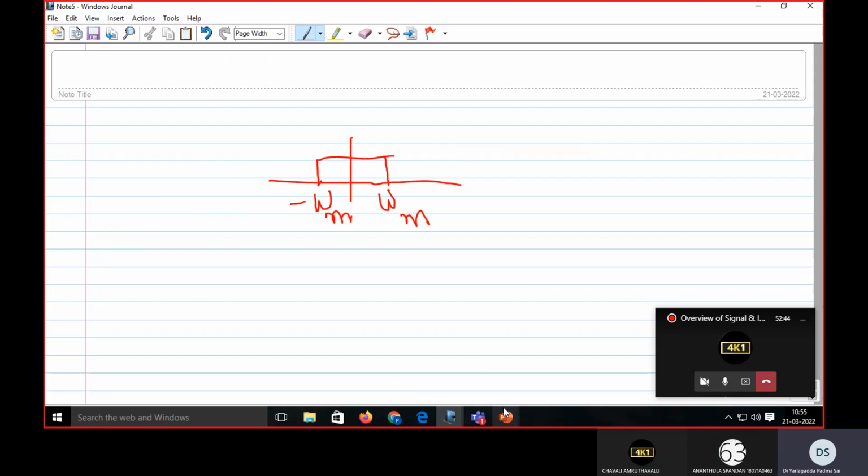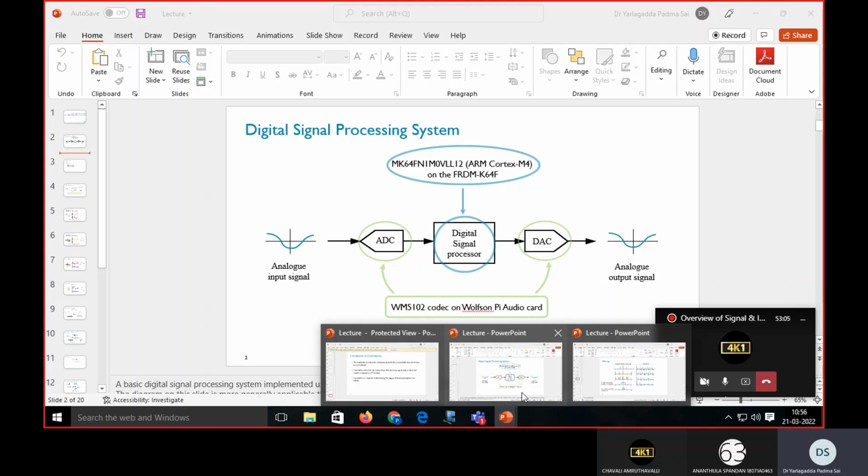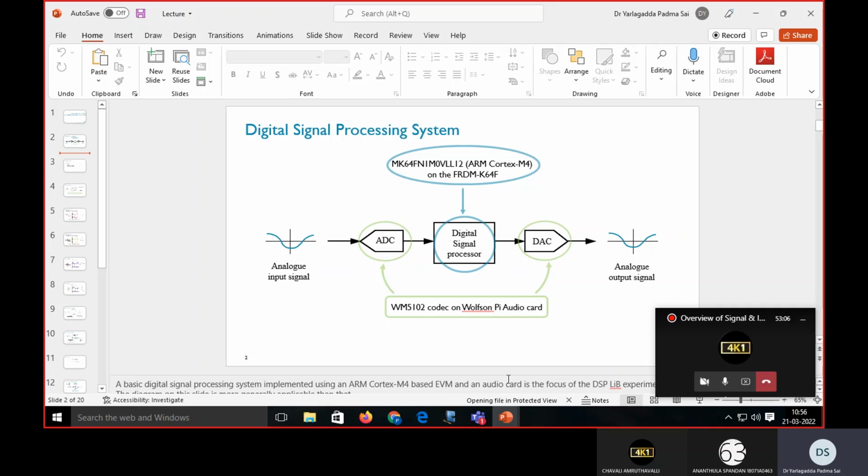Because of that, the first block in DSP or digital communication is the anti-aliasing filter. That anti-aliasing filter is a low pass filter. It restricts the band and does not allow frequencies above Fm or Wm.